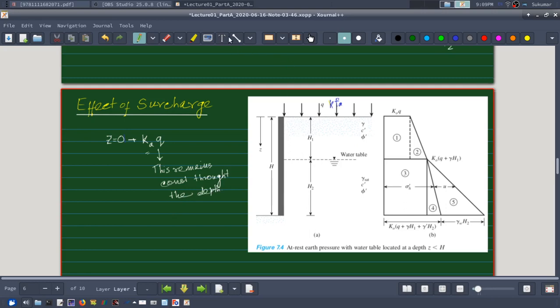For example, if I can draw it here, say this line, let me use a dotted line, this pressure will remain constant throughout the depth. Similarly, due to this much, this is remaining constant throughout the depth at the bottom layer, and so on.